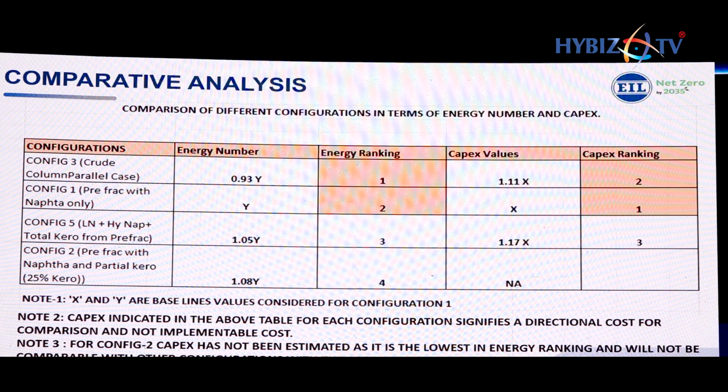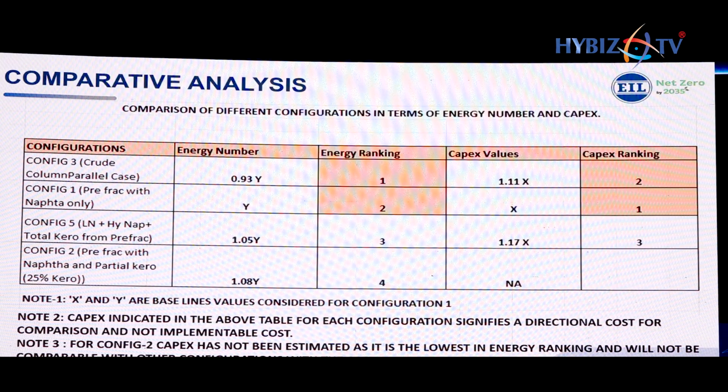Surprisingly, we found that although the capex value was slightly higher, 11% higher, the energy number was 90% of the earlier configurations, the configuration with prefractionator and naphtha. I told you we have done this with 65-66% revamps with only a prefractionator, because there was no different thought at that time. So when we introduce this parameter of energy number, we come to this table.